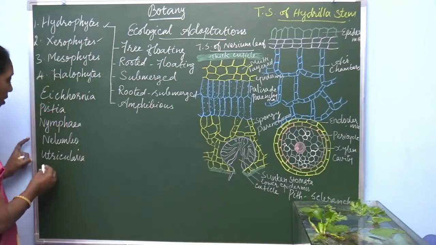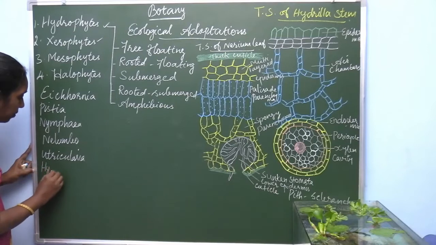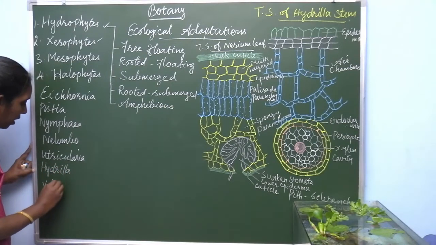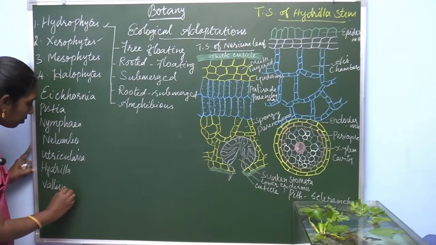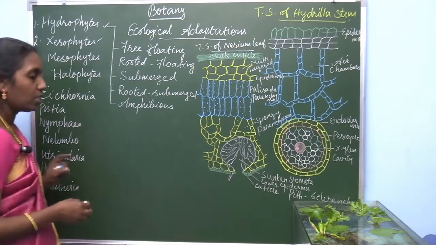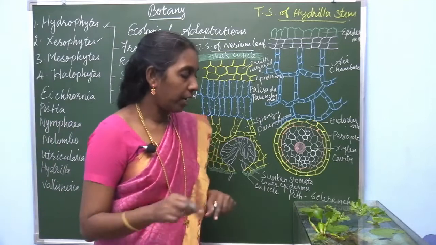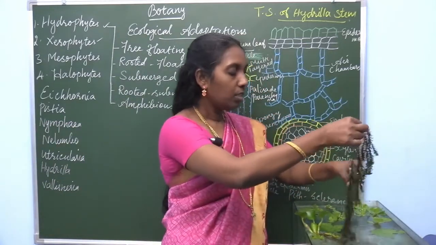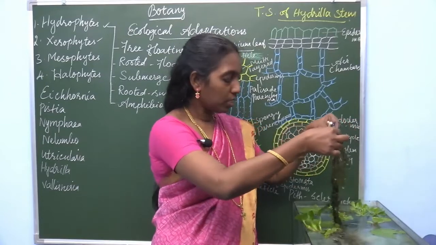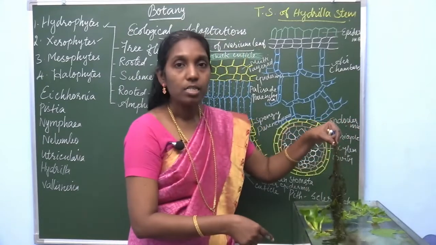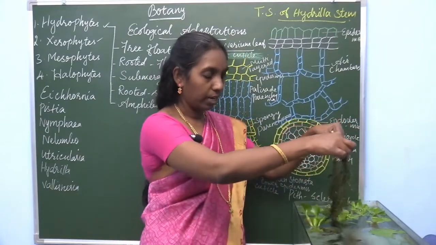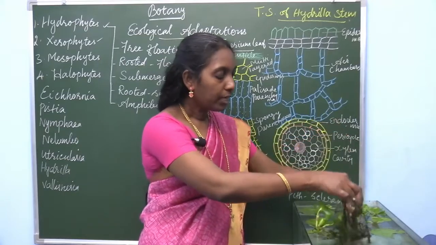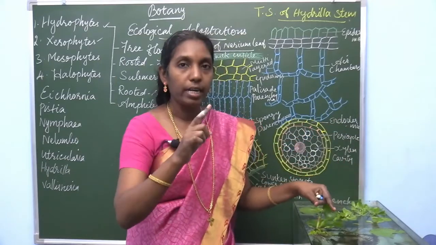Very familiar examples are Hydrilla and Vallisneria. This is Hydrilla. The root is attached in the soil, but there is no contact with the air.